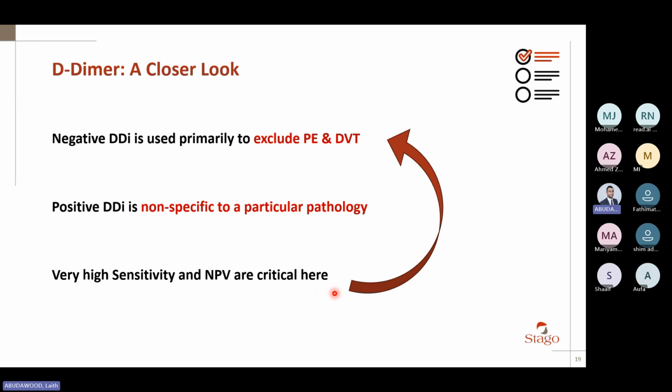So maybe, for example, we will discharge the patient thinking they are normal when they are not, which is not good. Negative predictive value means that if the D-dimer is negative, the patient does not have the specific disease we are looking for. So negative predictive value has to do with the presence of disease. Sensitivity has to do with the presence of the thing we are measuring, which is D-dimer. I will not detail much on this point. It doesn't matter all that much to us.